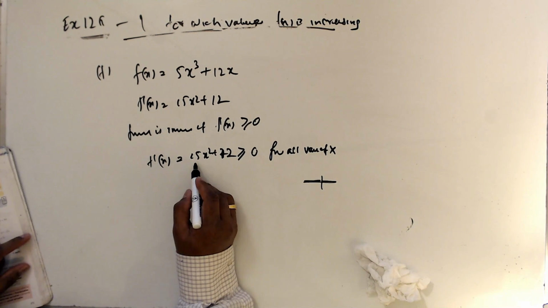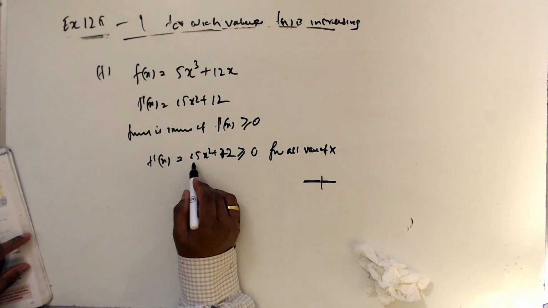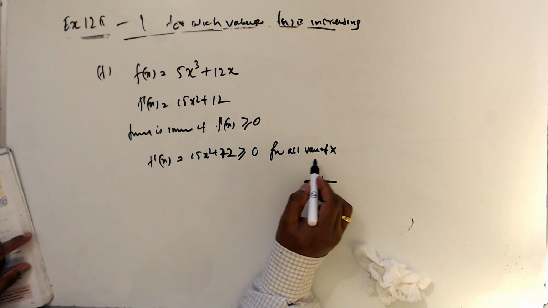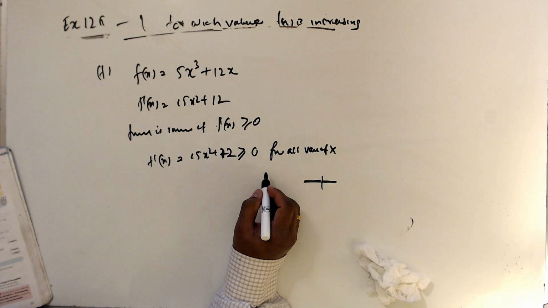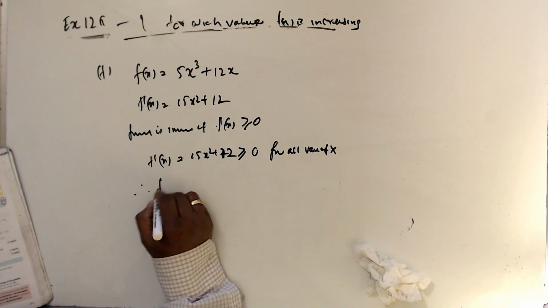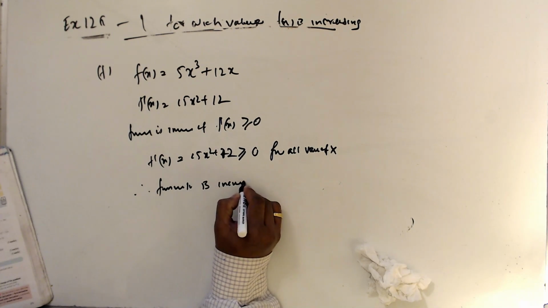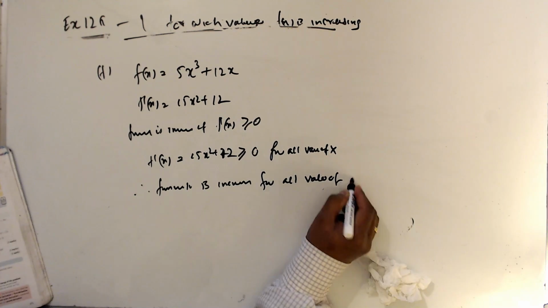When you put x negative, it is greater than 0. When you put positive, it is greater than 0. Hence, for all values of x it is greater than or equal to 0. Hence, the function is increasing for all values of x.